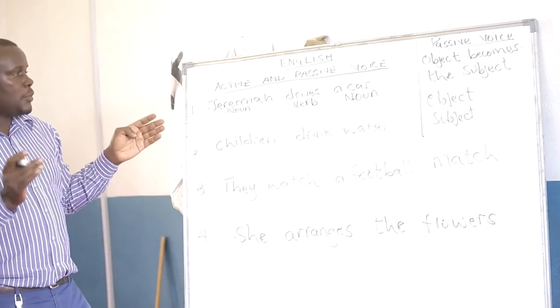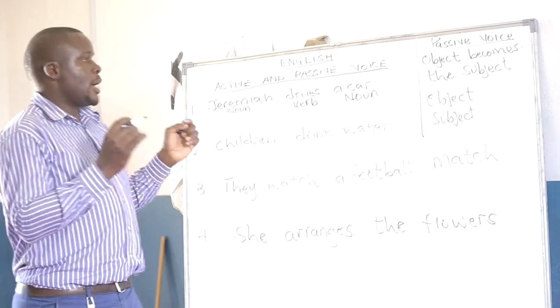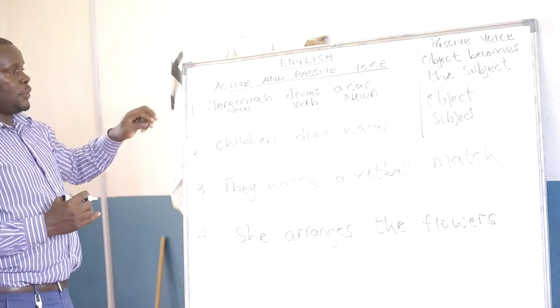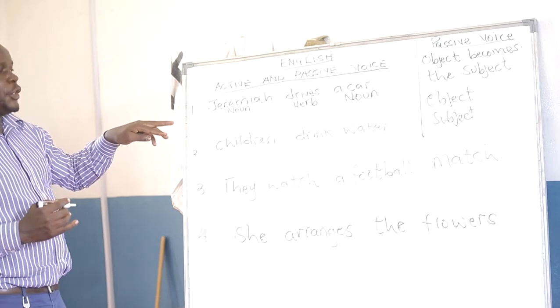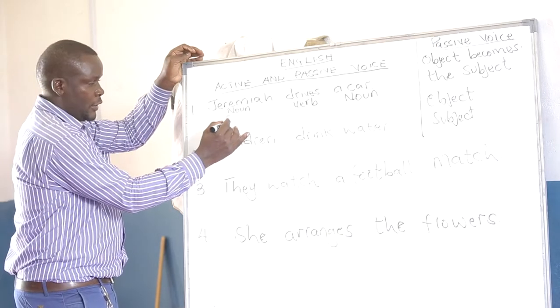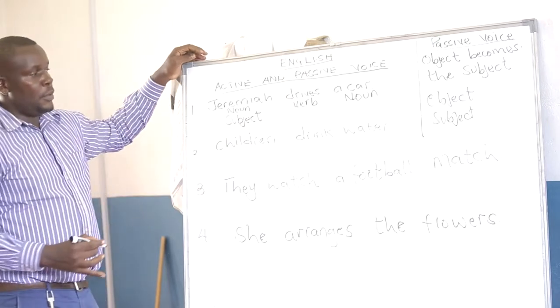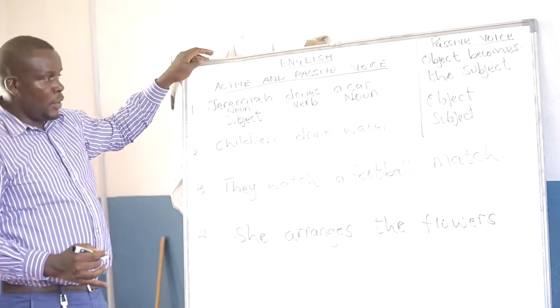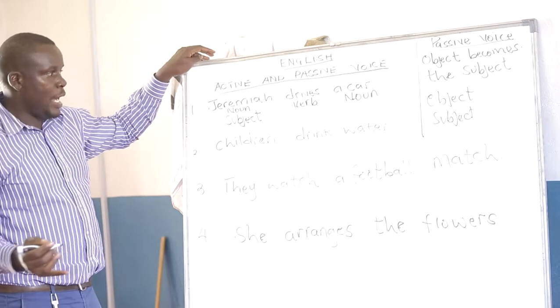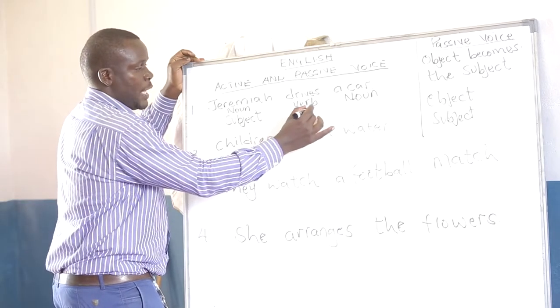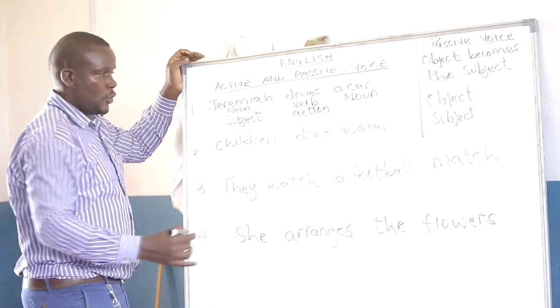But now when it comes to passive and active voice, you realize that Jeremiah is the subject. Drives involves an action, and it remains the way it is because a verb is a doing word. So this is an action.